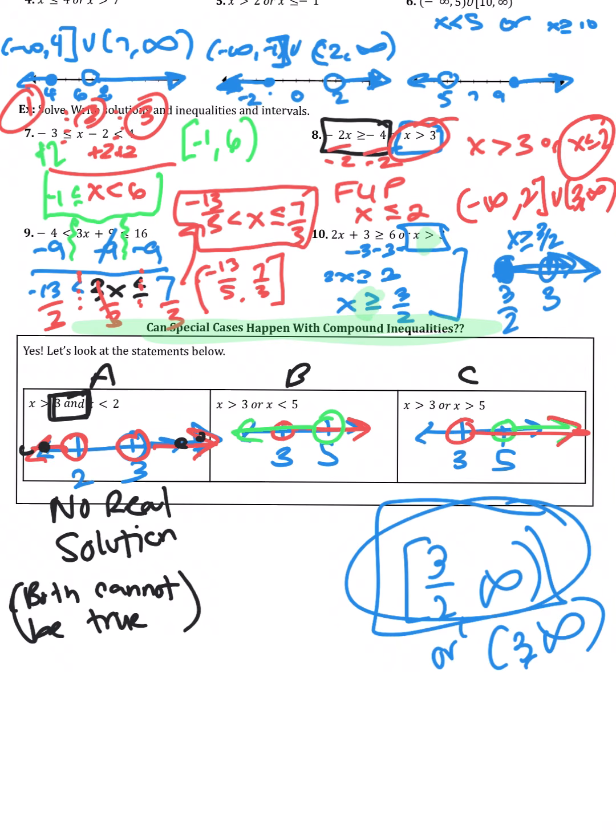Let's take a look at B. X is greater than 3 or x is less than 5. Not AND, only one of those 2 things has to be true in order for it to satisfy this inequality. Well, look at what's happening. X is greater than 3 means every number from 3 up to infinity, or less than 5, every number from 5 down forever, which means that includes 3 now because 3 is less than 5, and it includes 5 because 5 is more than 3.